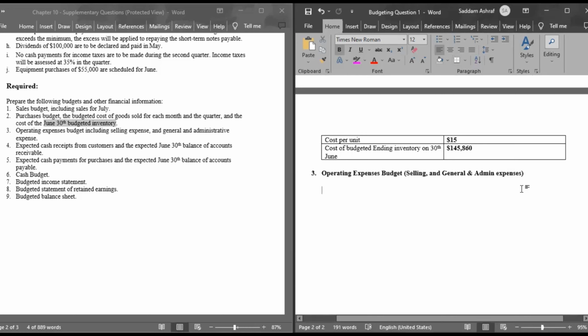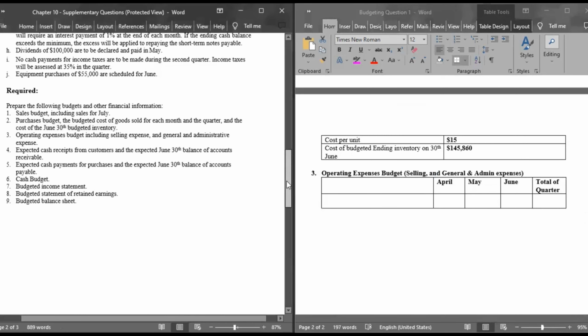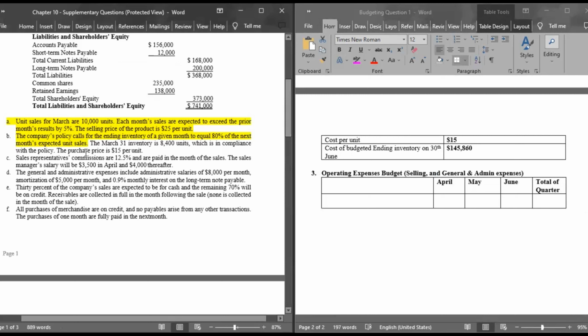Format also almost will remain same because we are calculating for the quarter and separately for months. So we just need to accumulate the cost of all the operating expenses mentioned in the question. So let's look at the question.